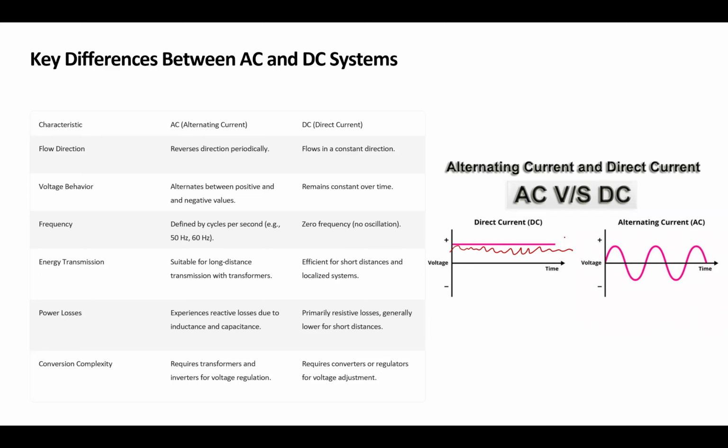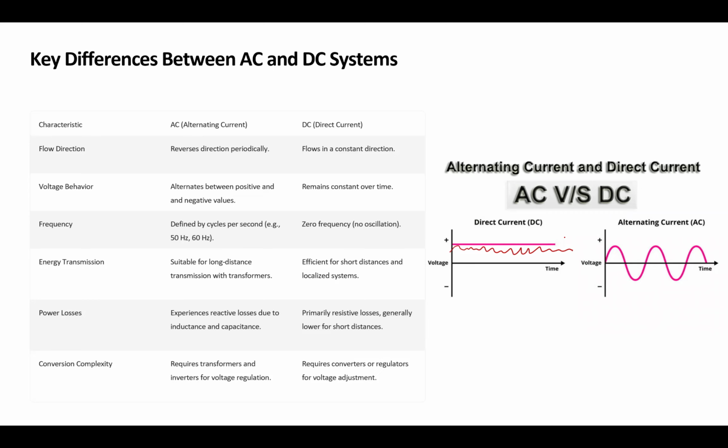So the differences: the direction of flow is different between AC and DC. The voltage behavior is different. In DC, we don't have positive-negative change. In AC, we change from positive to negative, and vice versa. We have frequency in AC because of that alternation. We don't have frequency in DC, or the frequency is equal to 0.